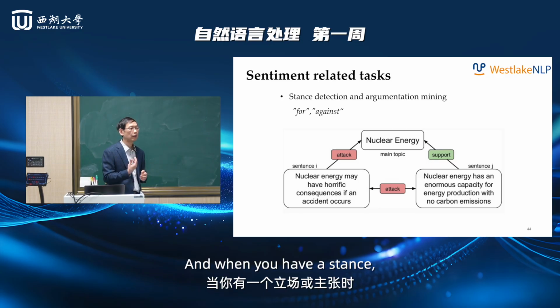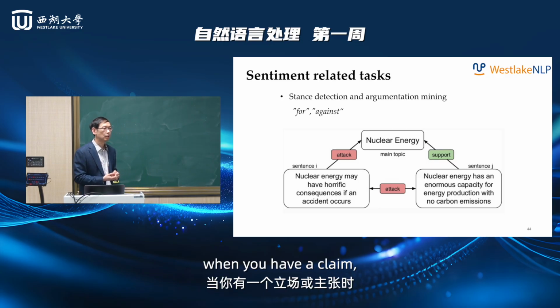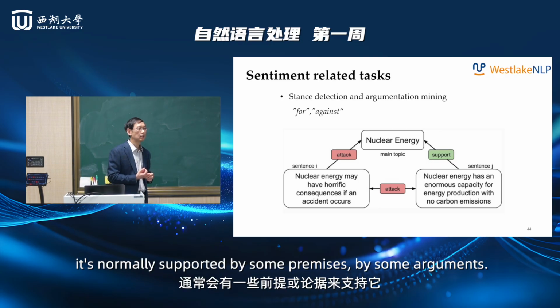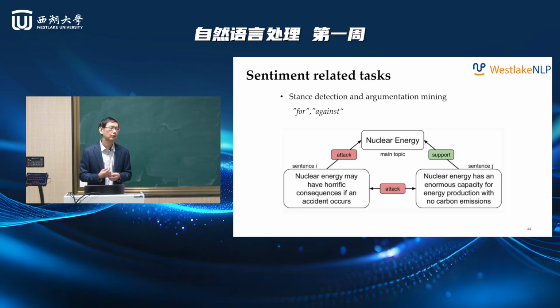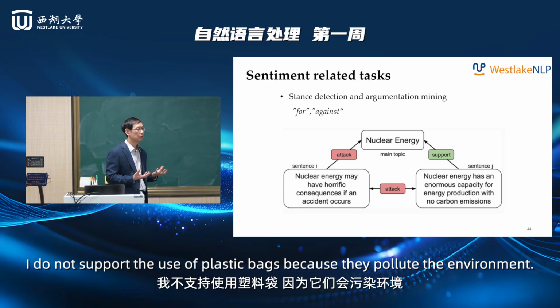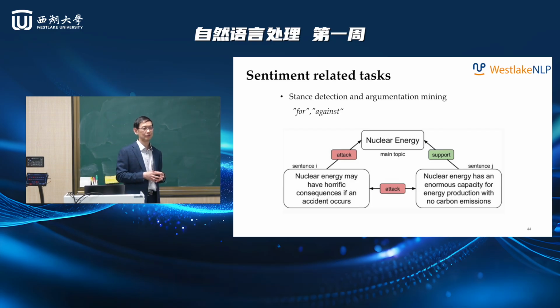When you have a stance, when you have a claim, it's normally supported by some premises, by some arguments. I do not support the use of plastic bags because they pollute the environment.